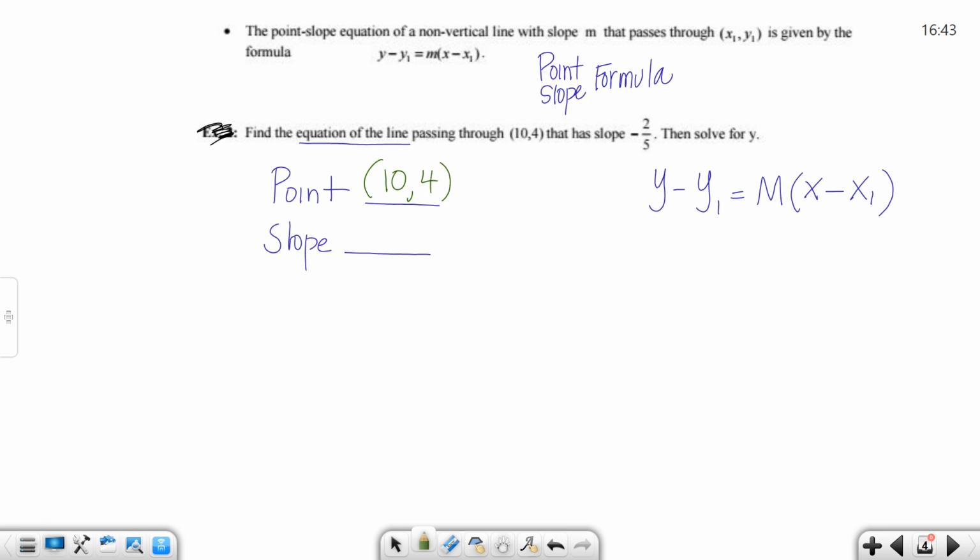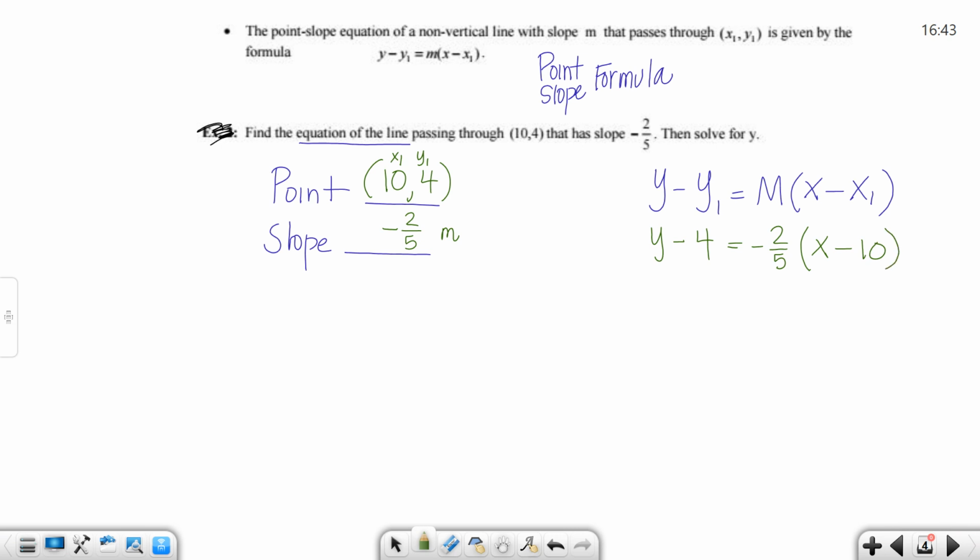And it also has a slope that's negative 2 over 5. So this negative 2 over 5 is my m, 10 is my x1, and 4 is my y1. So plugging this in, I would get y minus 4 equals negative 2/5 times x minus 10.